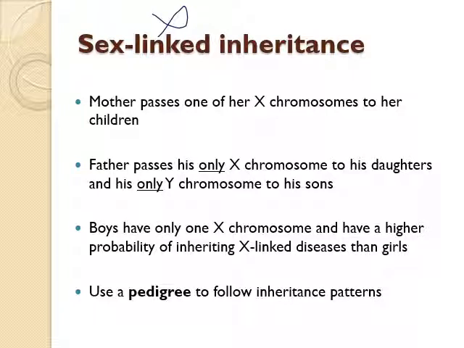And to do sex-linked inheritance, when you're looking at family trees, a lot of the time we're using something called a pedigree to follow these inheritance patterns. So we do Punnett squares, right, to understand sex-linked inheritance, but it's not so much a family tree. It's to understand what your offspring could potentially look like.